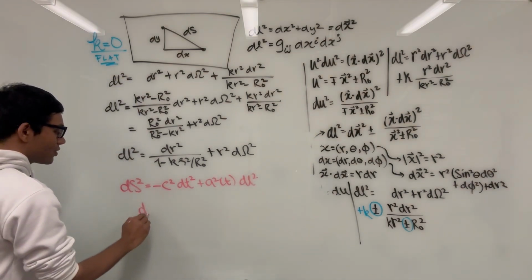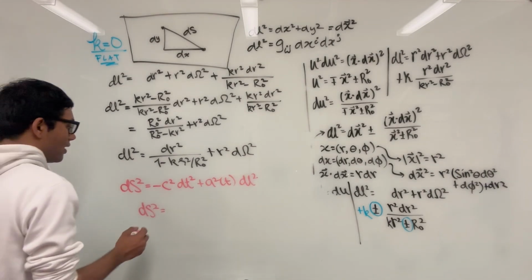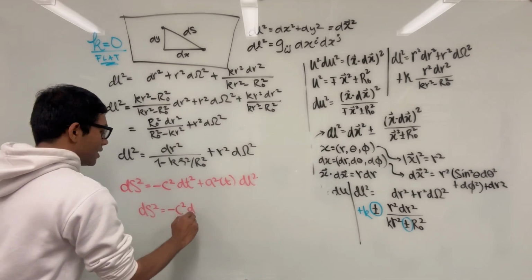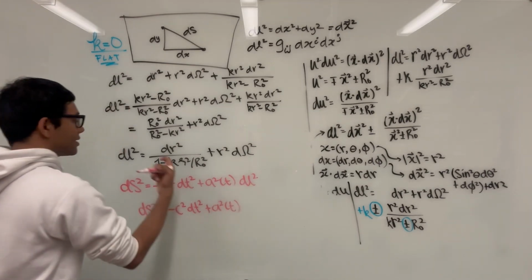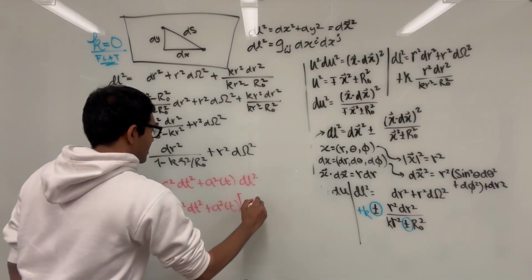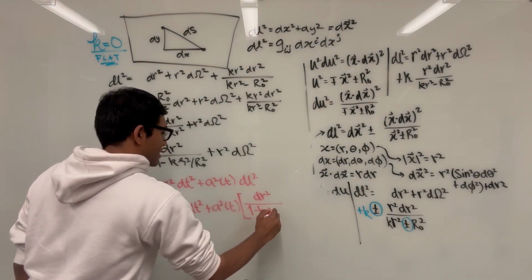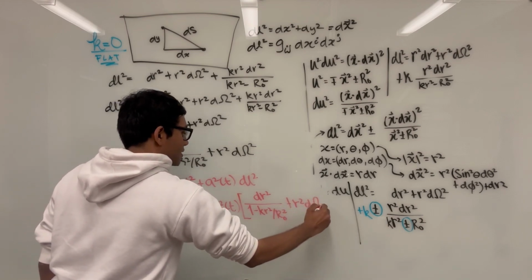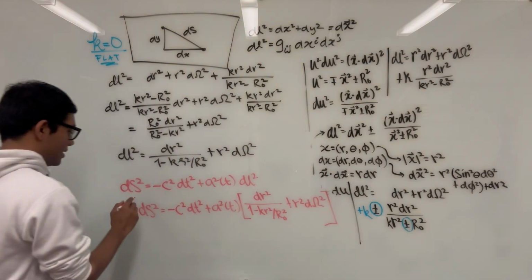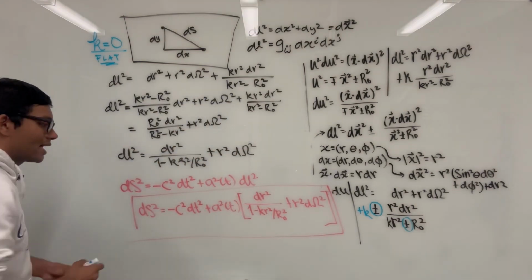So that means the metric for our entire universe that describes the expansion of our universe is minus c squared dt squared plus a squared of t times dl squared, which is given by dr squared divided by 1 minus kr squared over r naught squared plus r squared d sigma squared. And so this, ladies and gentlemen, is the metric for our entire universe.